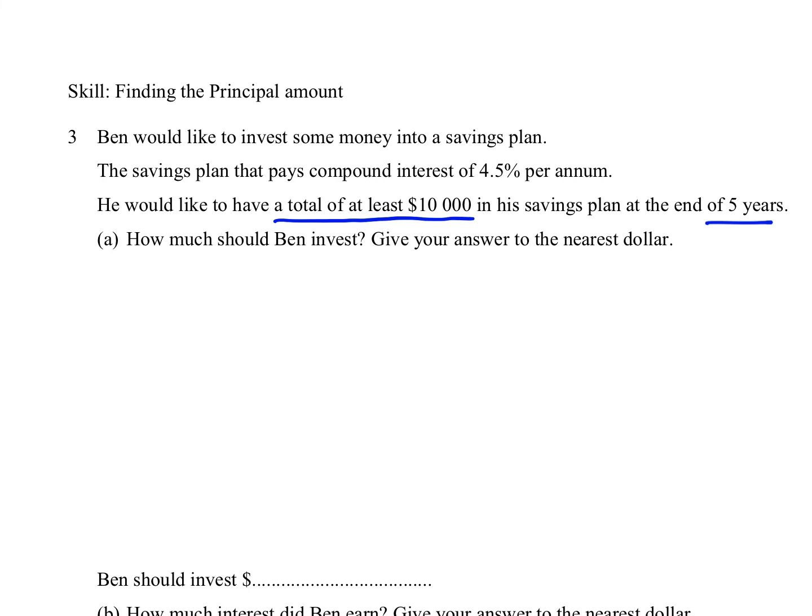Now let's take a look at our compound interest formula. It begins with total amount equals P(1 + R/100)^N. So what is the total amount? What is the principal amount? A lot of students will take this number here to be the principal amount.